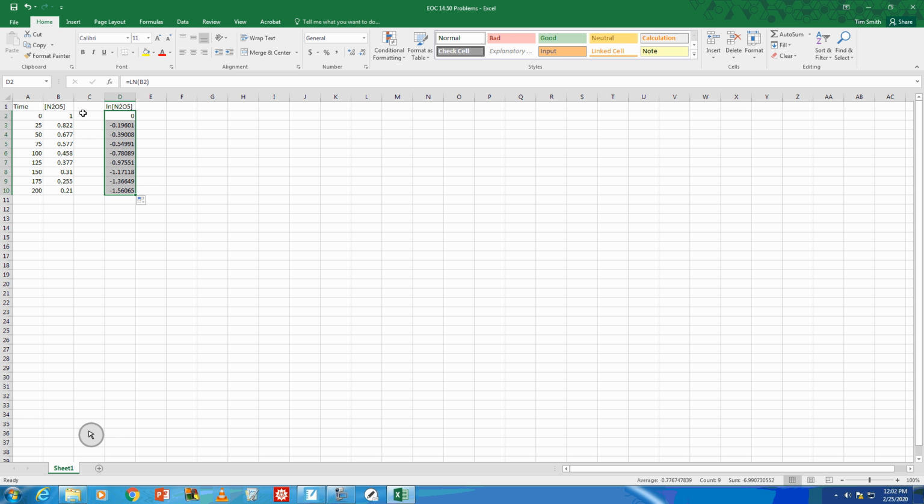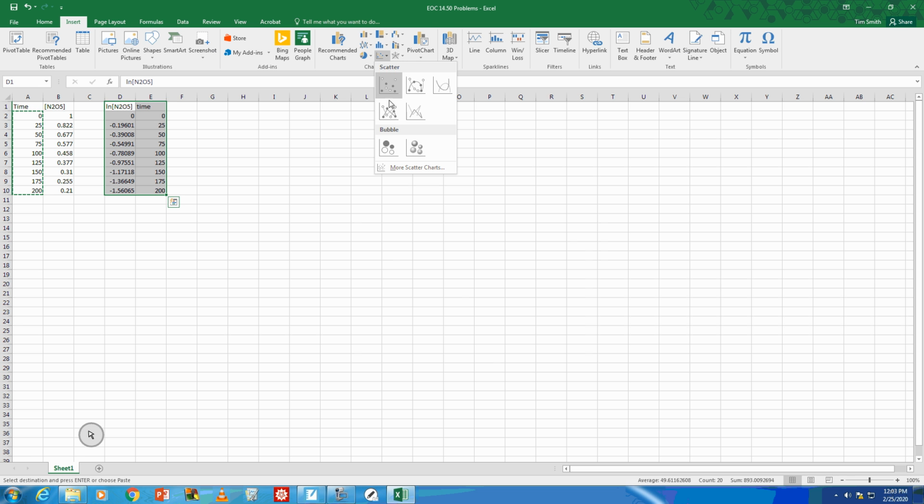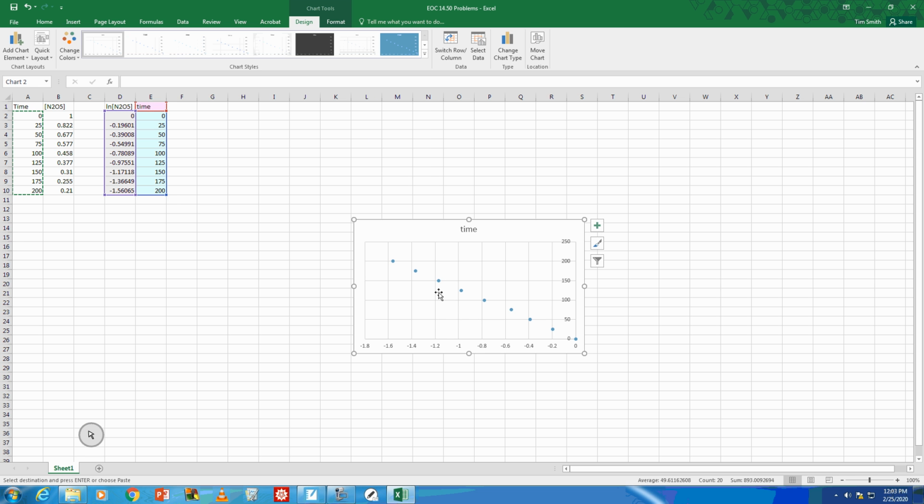Okay, so now I want to plot that versus time, and copy the time data over. And I'm going to go make a plot of that. So insert the graph. Right, so that one looks fairly straight.